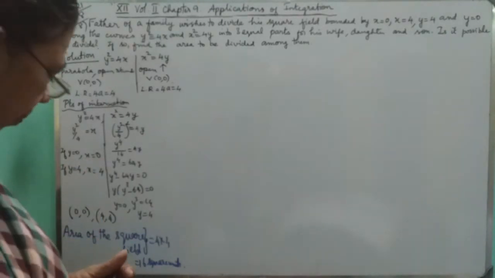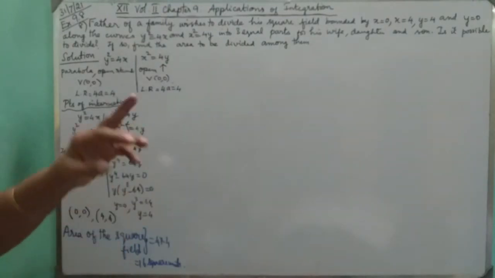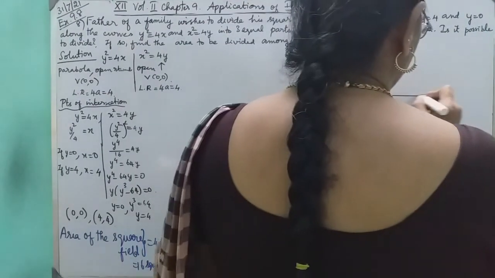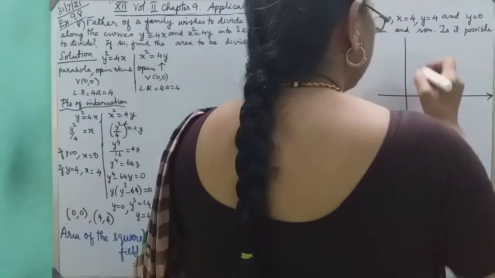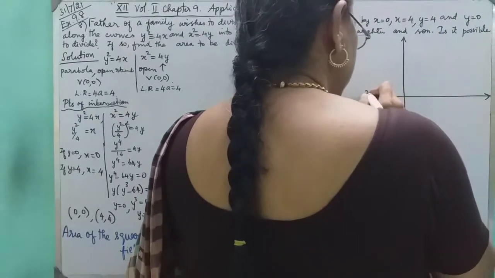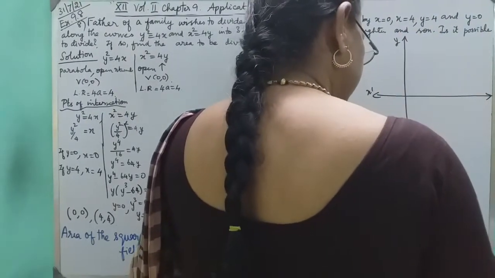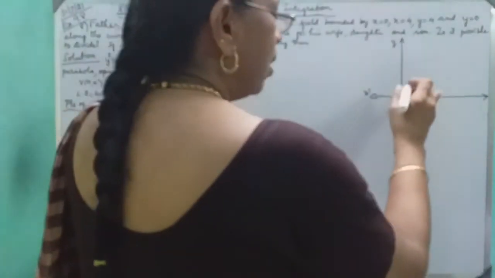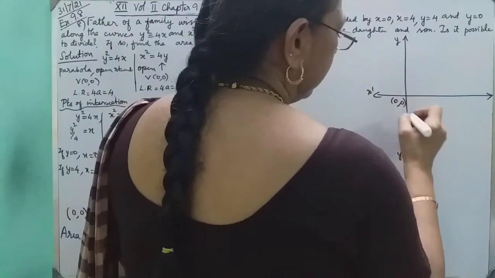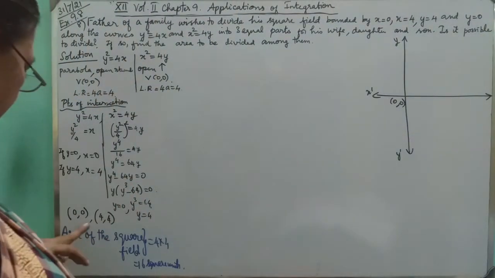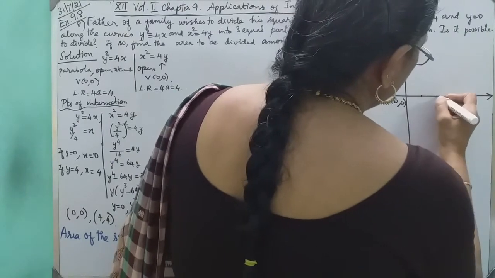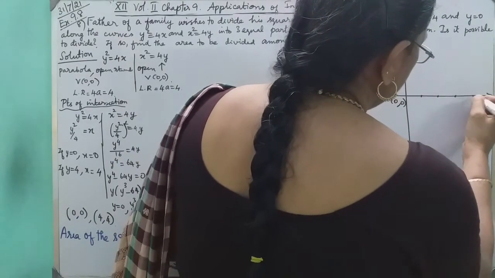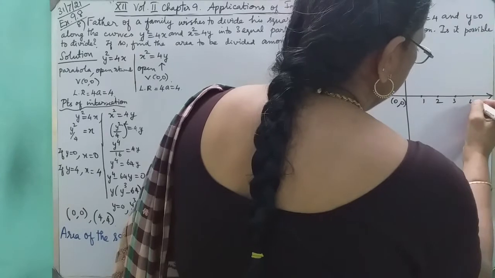Now what about the area of the square field? Let us draw and see. First the x axis, then the y axis, x dash and y dash. Here is the origin. Which are the points of intersection? 0, 0 and 4, 4. So we require 4 points here: 1, 2, 3, 4.